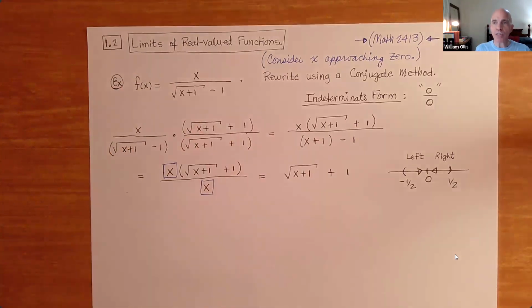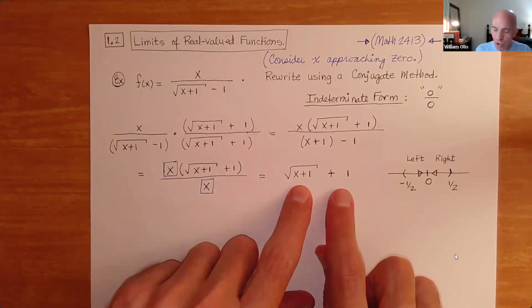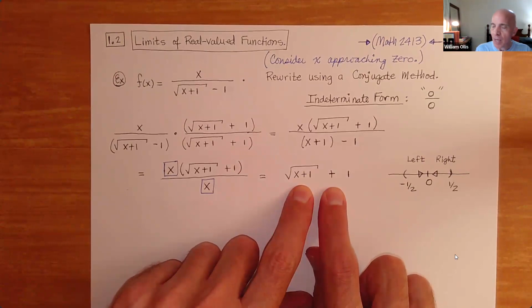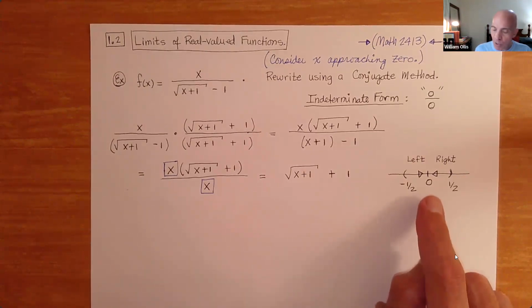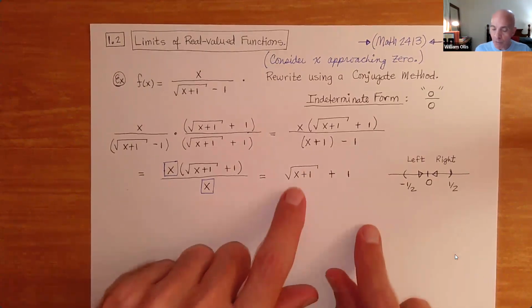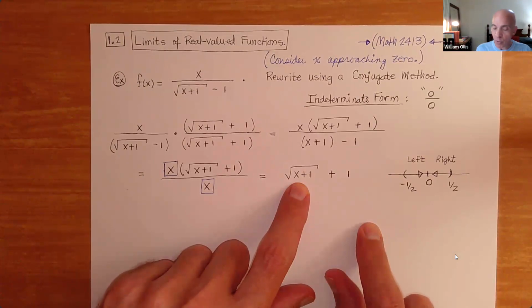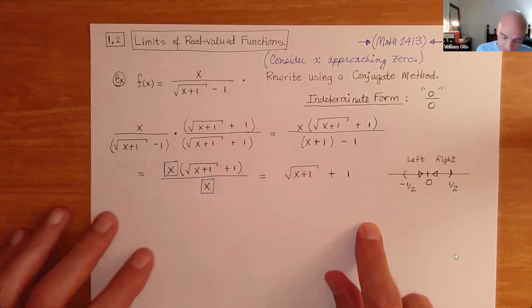So we think to ourselves, if x is approaching 0, but it never quite gets there, but it gets arbitrarily close, then the value should correspond to what we get here. This is what we're thinking of as a function with a hole in it. As x approaches 0, the value of the function would then be the square root of 1 plus 1.